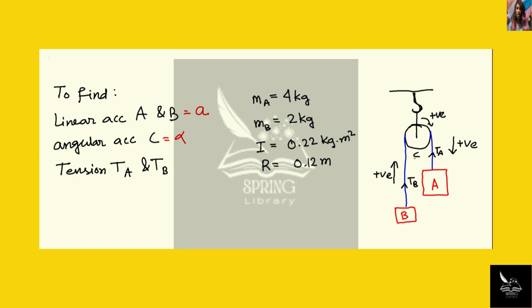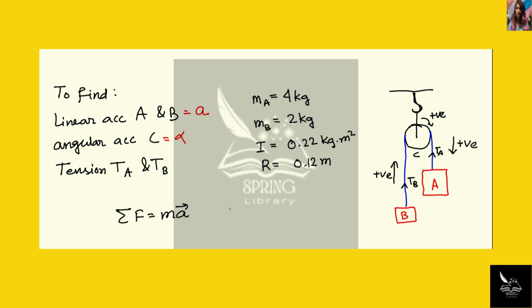So the way we will do this problem is, we see that block A and block B has only translational motion or linear motion. They can just move linearly, but the wheel only has rotational motion. It doesn't go anywhere, it just rotates. So that's why we'll be applying the force equations on each part. For A and B, we'll just apply the linear force equation, which is F equals ma, where a is the acceleration.